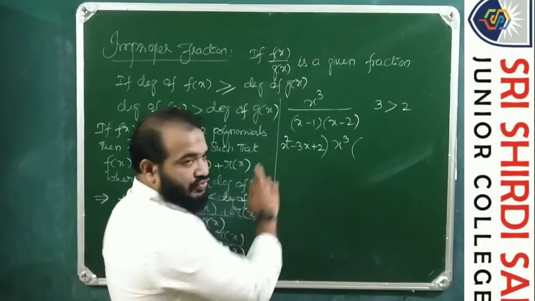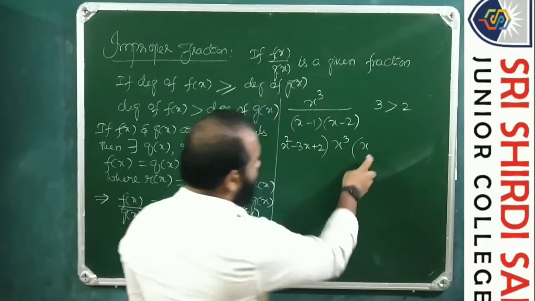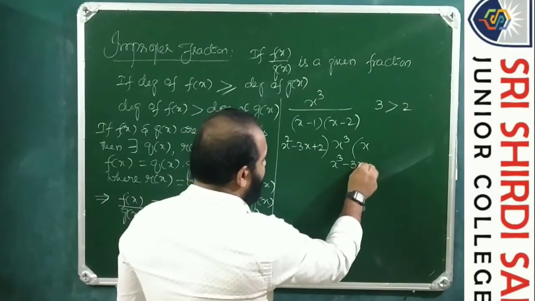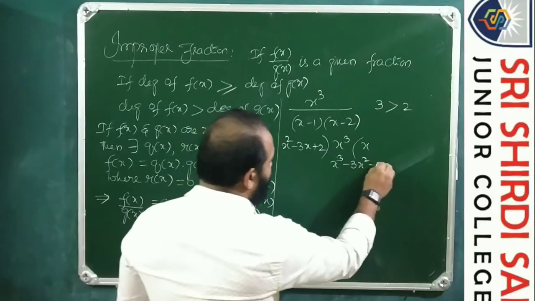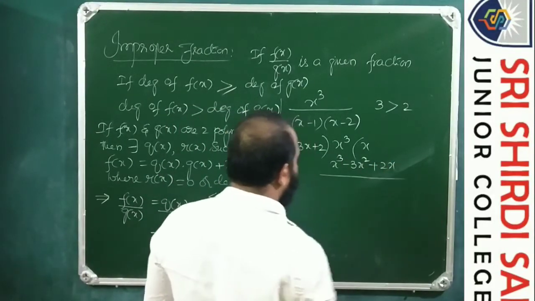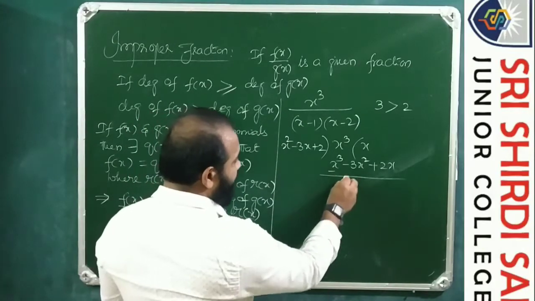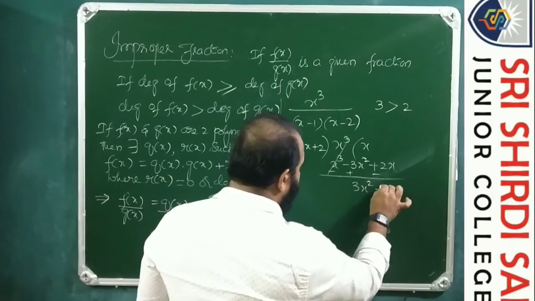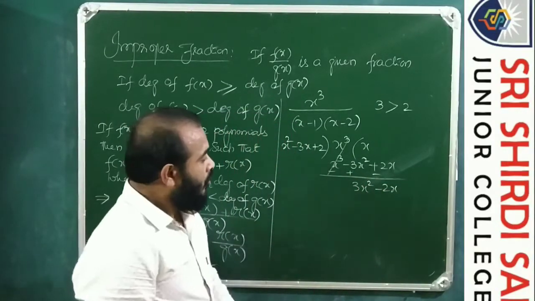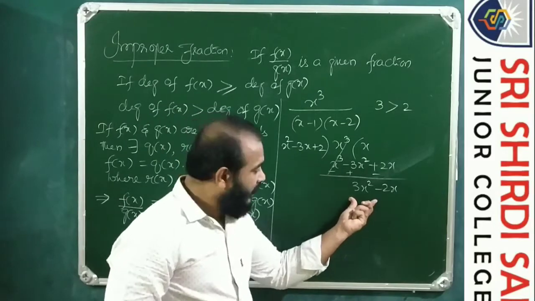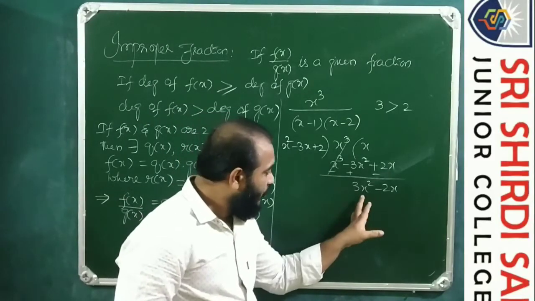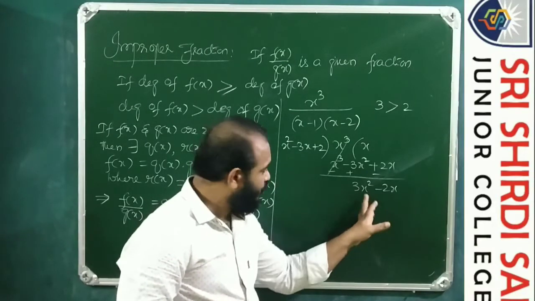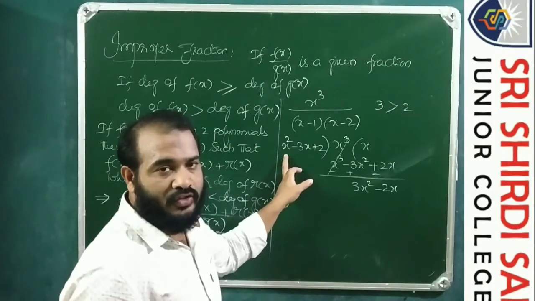So x cube by x square is x. x into x square is x cube, x into minus 3x square, x into 2 is 2x. Subtracting, the x cube terms cancel, and we get 3x square minus 2x. Now whether further division is possible depends upon this. Here the degree of the remainder r of x is 2 and the degree of g of x is also 2.